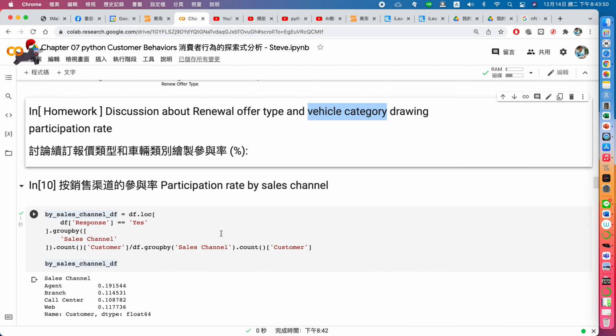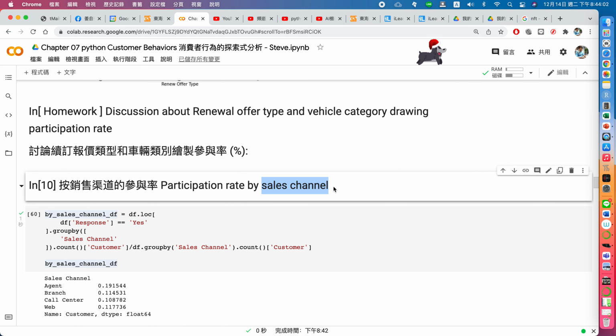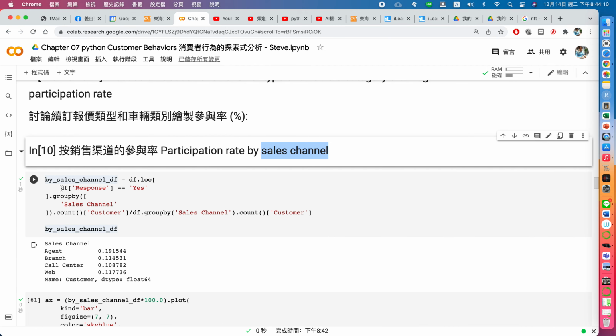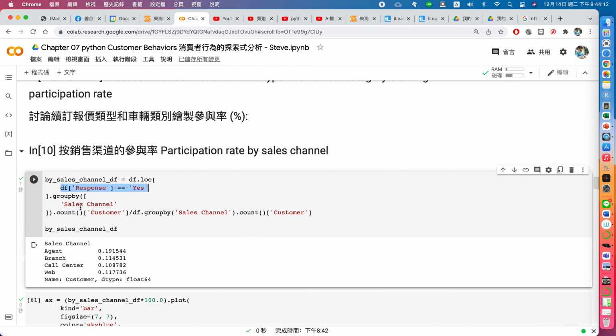Okay, so later we do the same process with different variables. So we can calculate the participation rate for sales channel. What is the sales channel for your customers to renew their car insurance? So we just use the same approach, and we group by only sales channel.